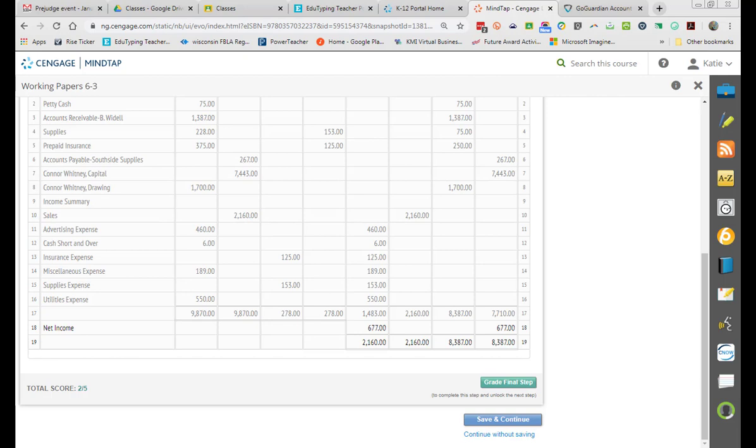Okay? So, what would happen on the net loss is right here, instead of net income, guess what we write? Net loss. Okay? Now, instead of it being on my income statement as a debit, it would go on my income statement as a credit. And on my balance sheet, not as a credit, it would go as a debit.